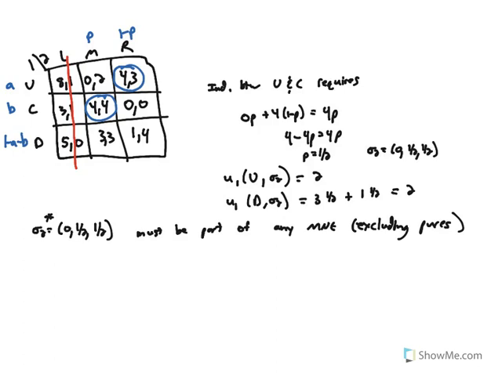Okay? Excluding the pures. All right, so we've proven that we have to have P equal to 1/2. It's the only way we're going to go mixed strategy. And when P is equal to 1/2, player 1 is willing to play all 3 of his. Okay? Now, we've got to think of what makes player 2 indifferent between M and R given player 1's mixed strategy. All right?